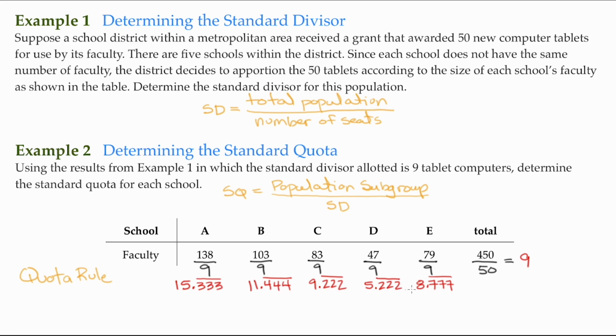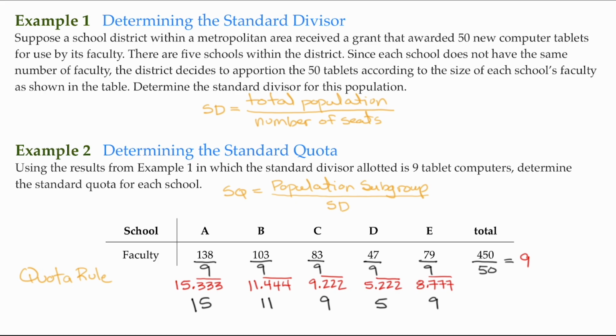So we're going to round each one of these values. 15.333 rounds to 15. 11.444 rounds to 11. 9.222 rounds to 9. 5.222 rounds to 5. And 8.777 rounds up to 9.